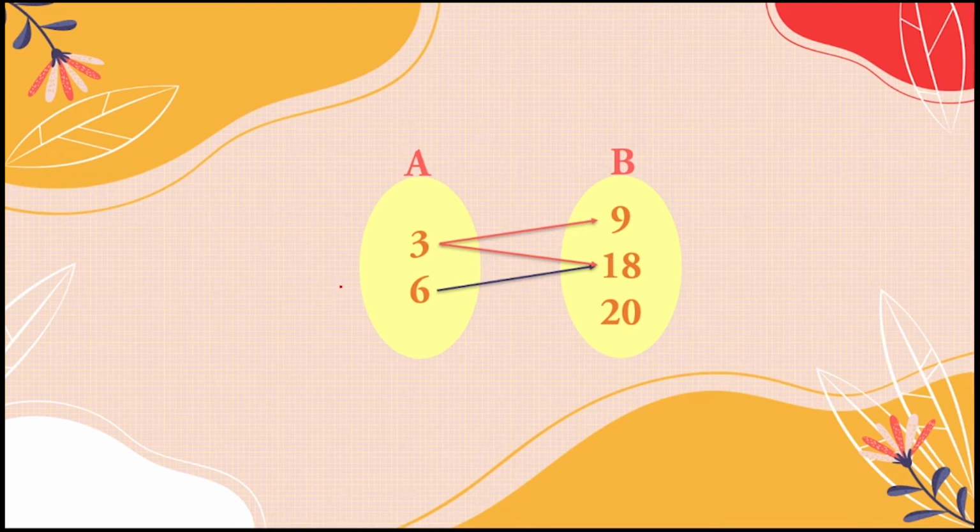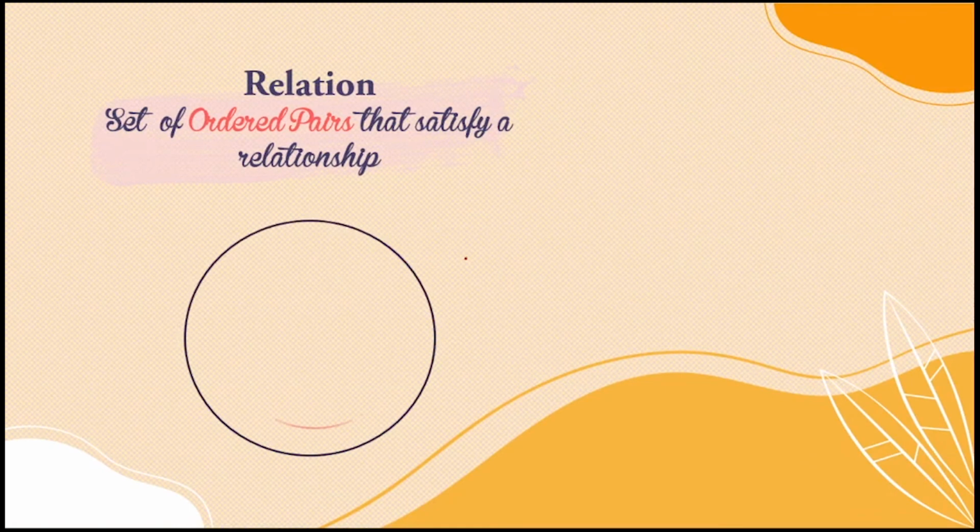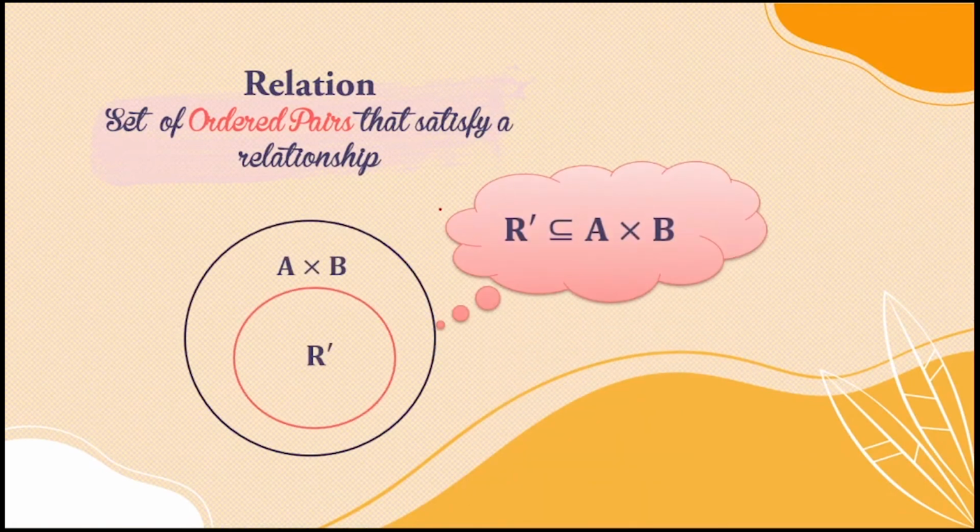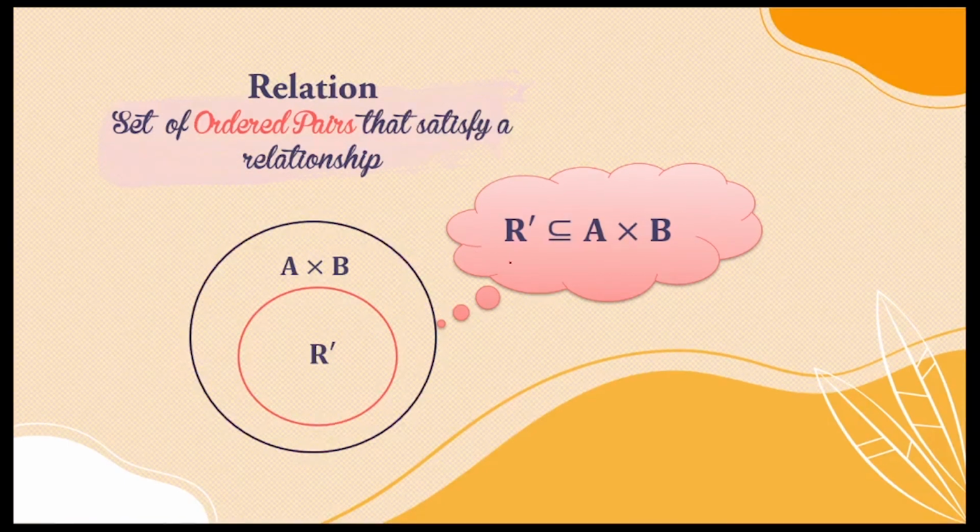And then, let's say this entire circle represents the set of elements in the Cartesian product A cross B. In that case, set R dash will be a part of it. We can say that set R dash is a subset of the Cartesian product A cross B. So, that is the basic concept of a relation.